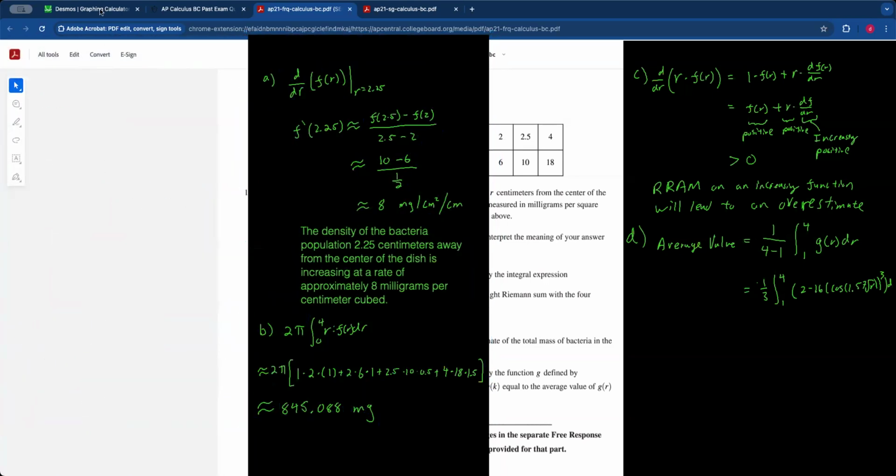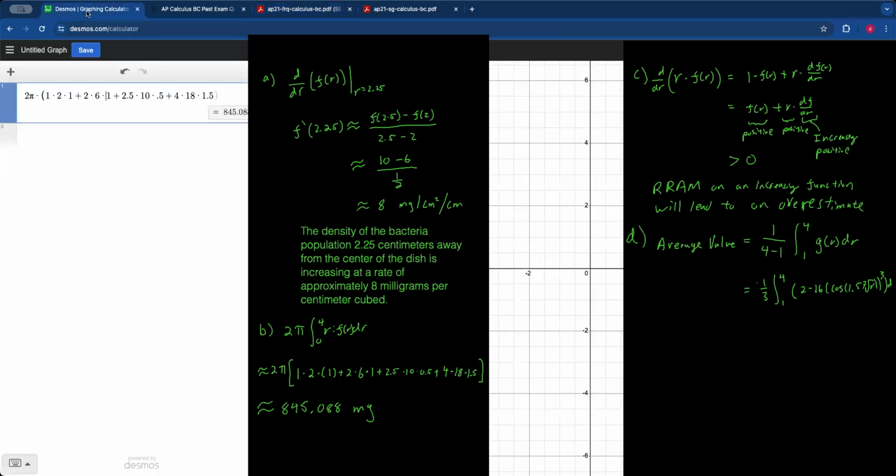Okay, and then let's put it in a calculator and see what we actually get. So 1/3, obviously we're going to use your graphing calculator and learn how to actually use it before the test. So times cosine of 1.57 square root of r. Let's see if Desmos likes that.